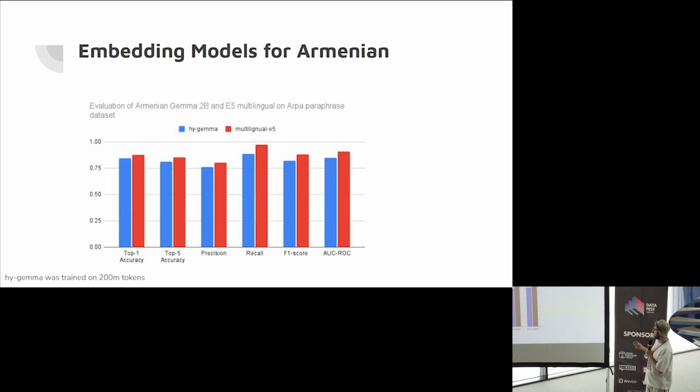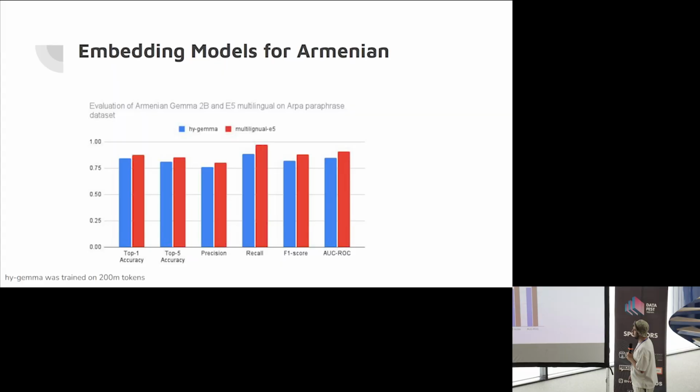For the E5 or GT, there are about 800 Armenian tokens, which is not a lot. So I think if you have more than 200 million tokens of data, then training from scratch, with tokenizer and the model, should be better. But with limited data, usually continuing the pre-training works better.